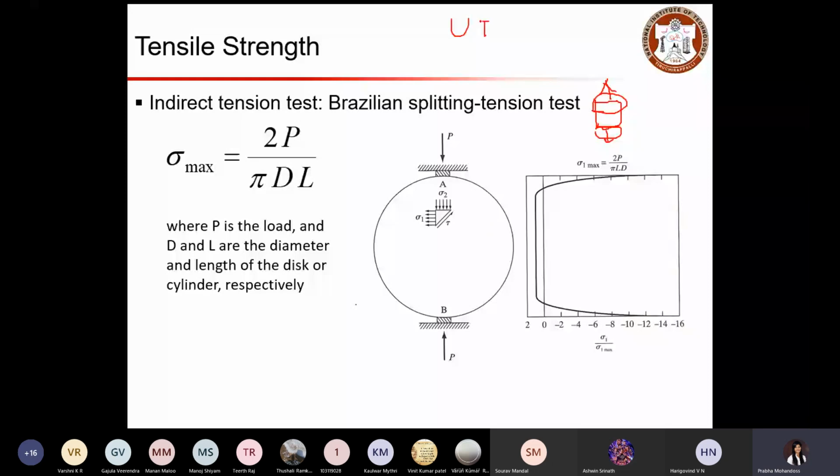So when you have your specimen and you apply the uniaxial load, it has a tendency to induce lateral tension. So indirectly we are inducing tension by applying compressive load. So that is what we call the indirect tension test. It's basically based on the Brazilian splitting tension test method.